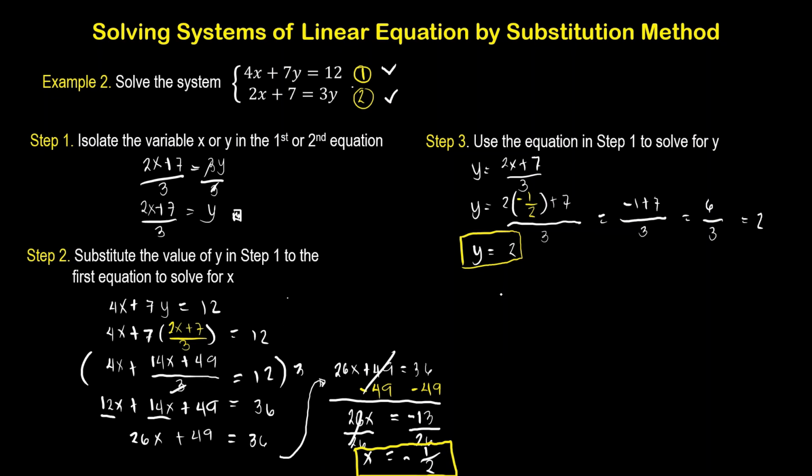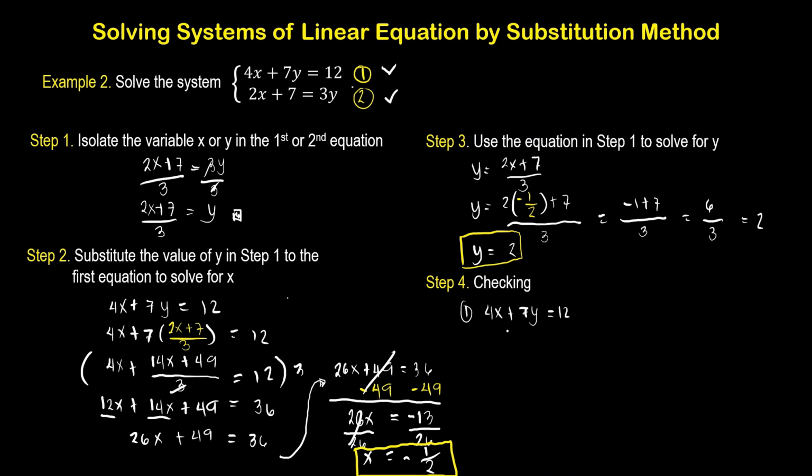So, para makasure tayo na tama yung values ng x and y natin, we are going to check it. Okay? So, that means we are going to check if the values of x and y satisfy the given system or both equations of the given system. So, let's start with the first equation. We have 4x plus 7y is equal to 12.